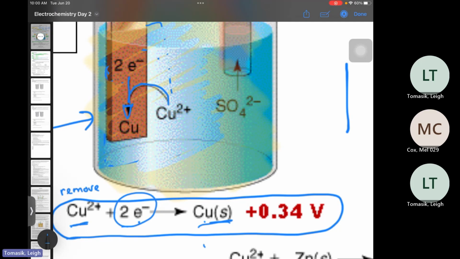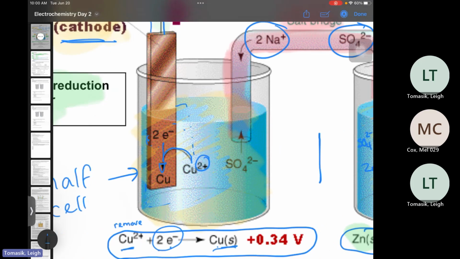So over time, we're going to deplete our stock of copper 2+ ions. So there's a little bit of sulfate. The sulfate is going to go up into the salt bridge, and sodium ions will come down. Sodium ions are positively charged like copper ions, and they will build up over time in the solution, which keeps it from becoming too negative.